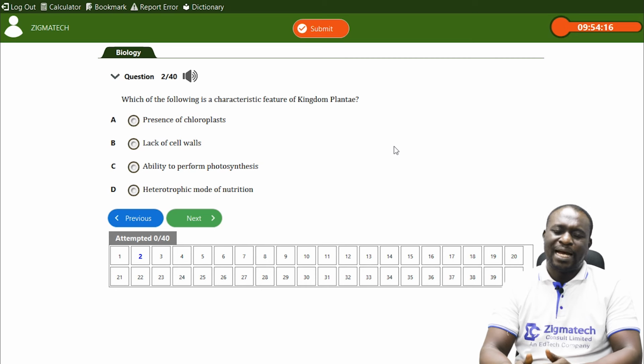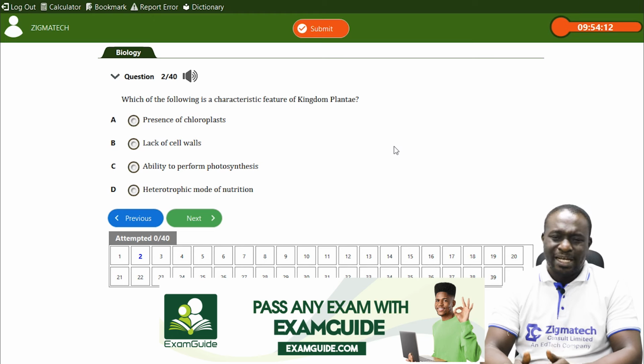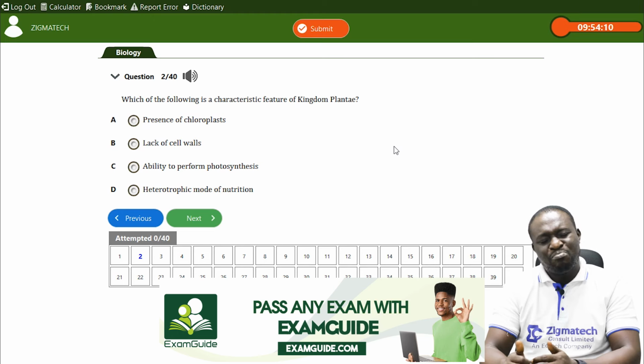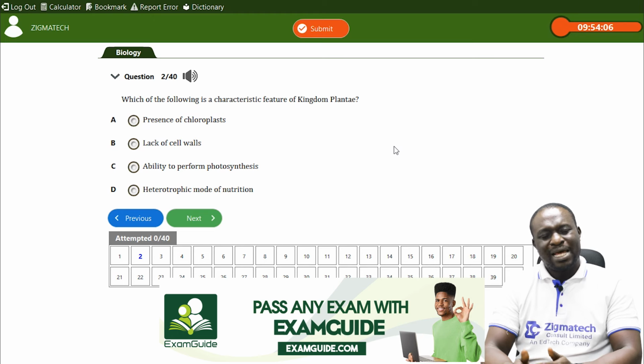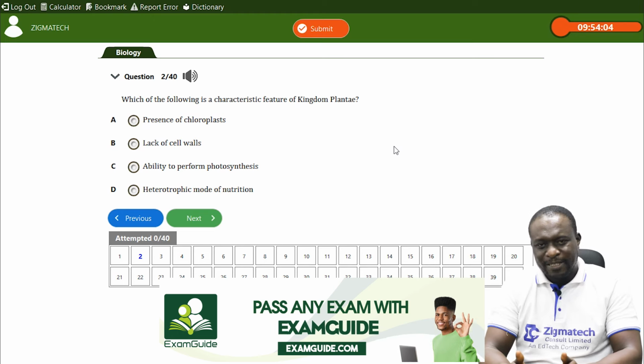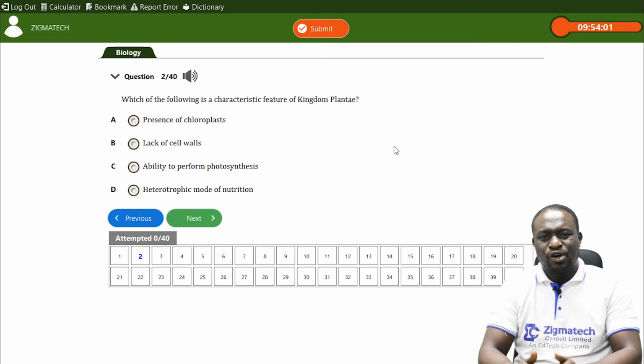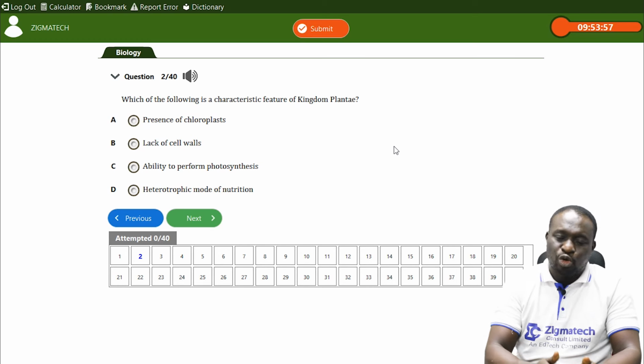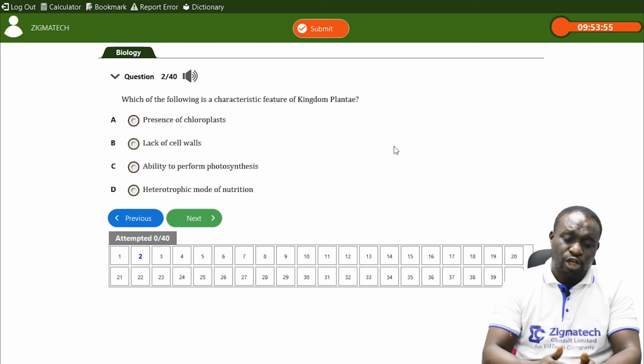So what we're looking at is green plants. And there is an organelle or a pigment that helps plants to be green, okay? That pigment is called chlorophyll, which is found in the chloroplast.